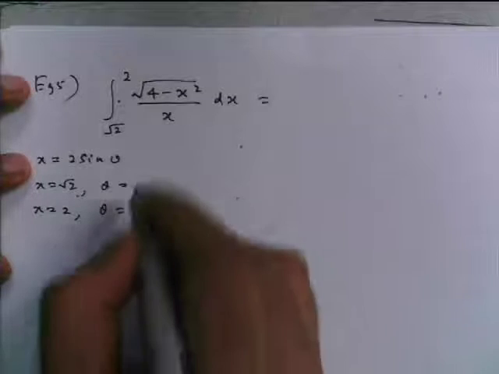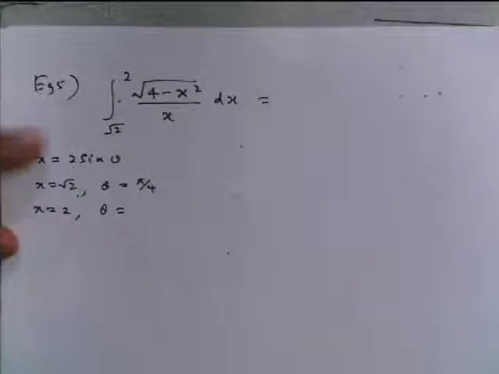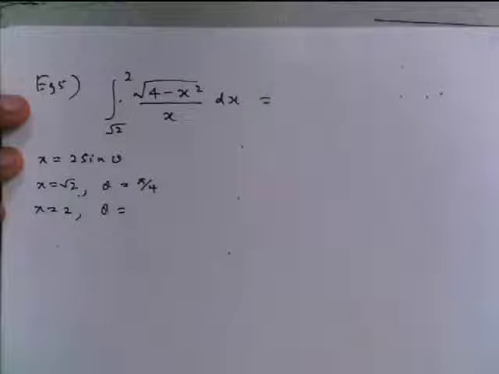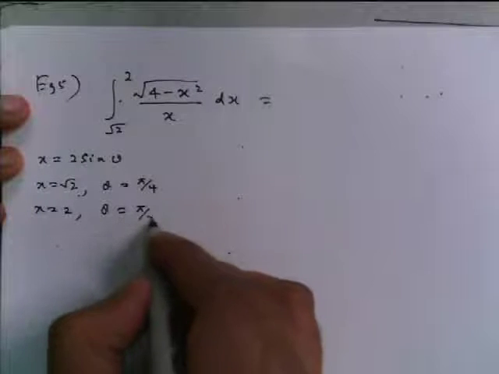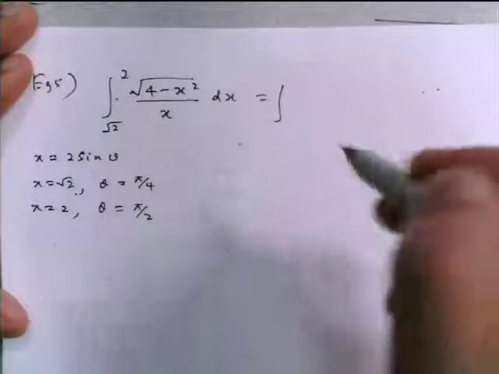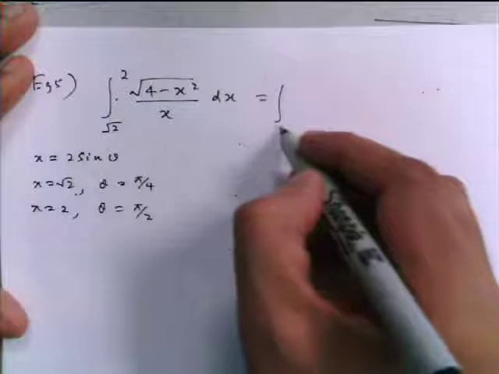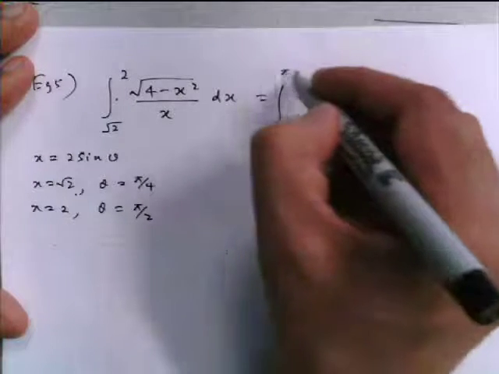Pi over 4. And when you plug in 2, the 2s get cancelled, you get sine theta equal 1. So what's theta? Pi over 2. Okay, that means those are the new limits. So let's plug it in. The new limits become pi over 4 to pi over 2.